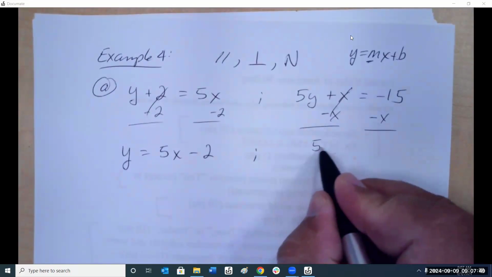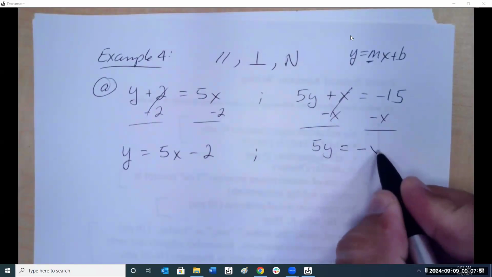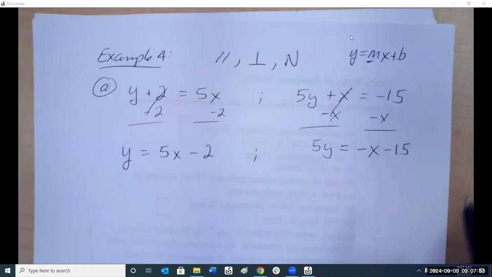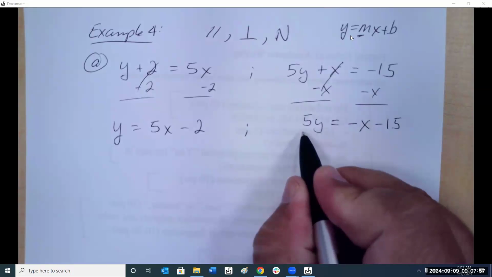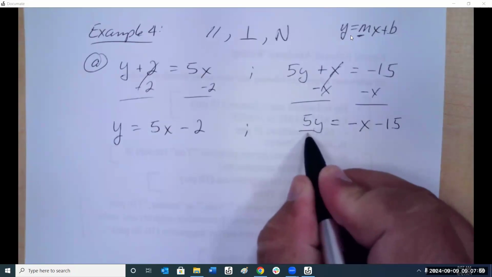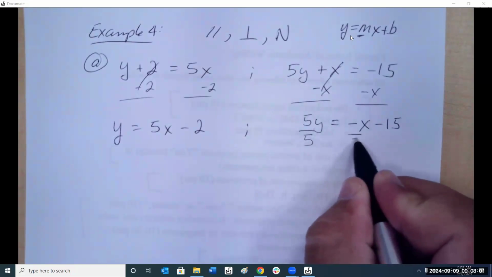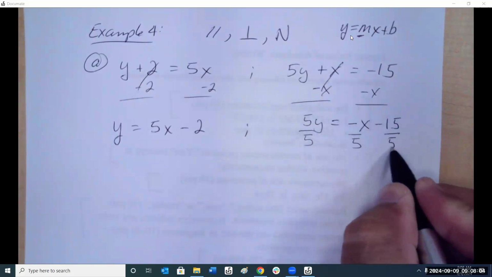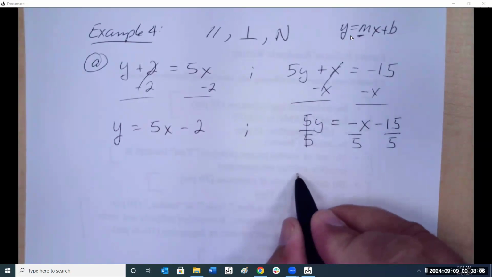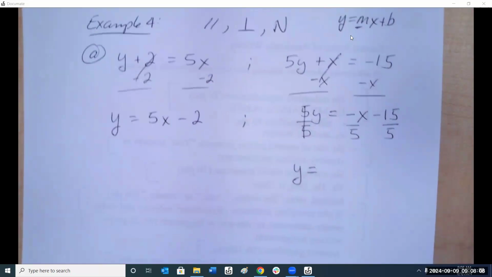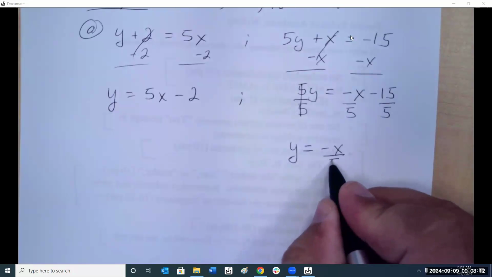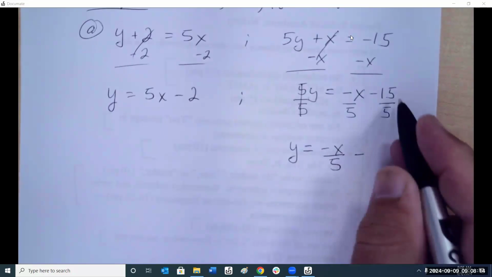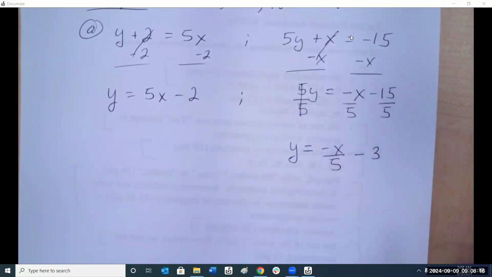So we have 5y equals negative x minus 15. Next step. Divide each term by 5. Very good. Fifteen divided by 5 is 3.